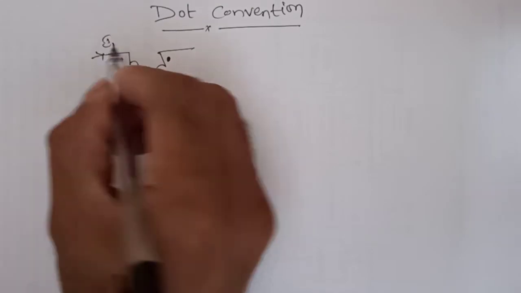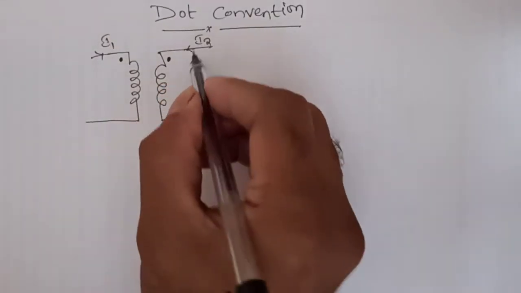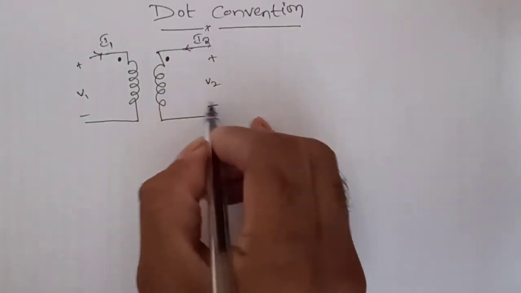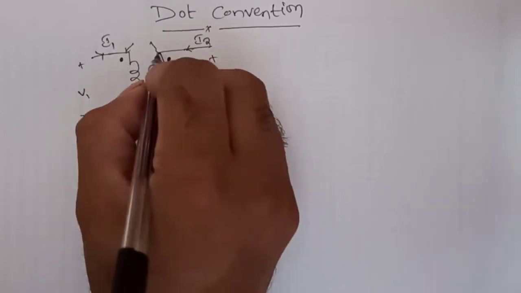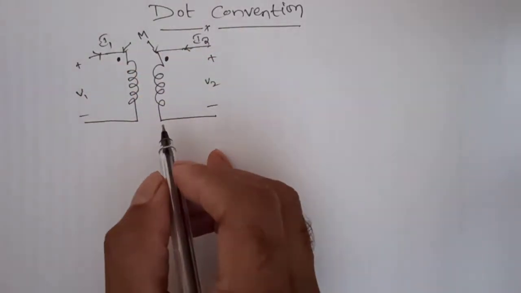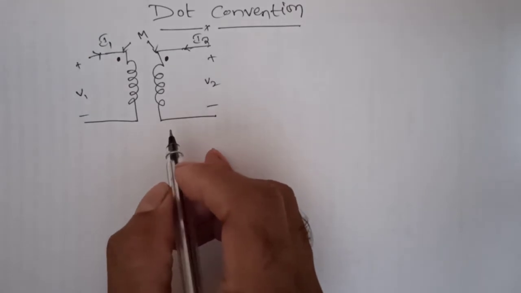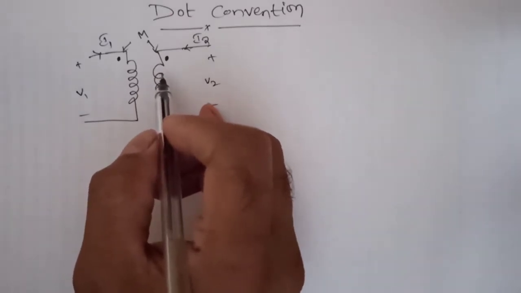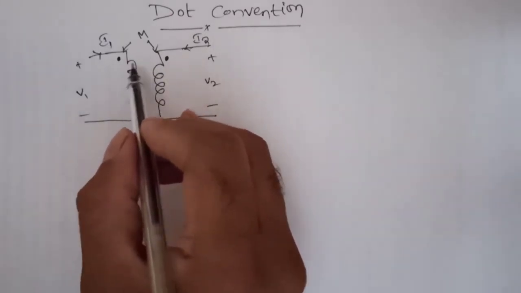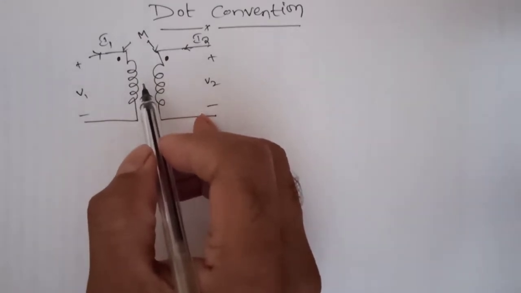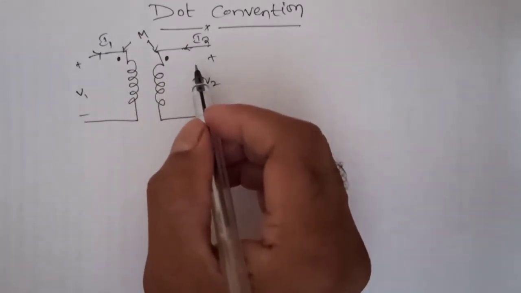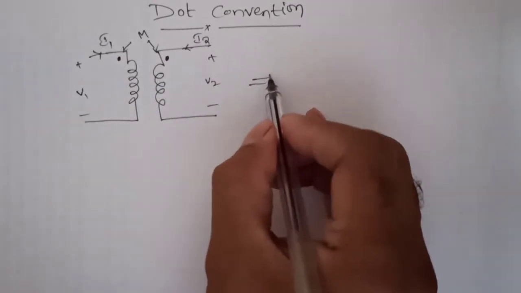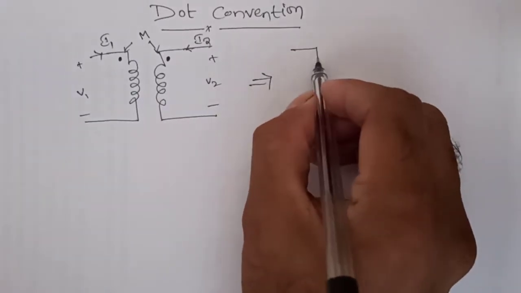Let us assume the current in the first coil is I1 entering and the current in the second coil is I2, the voltages are V1 and V2, and the mutual inductance is M. If the two dots are mentioned like this, if a current enters a dot in one coil, then the mutually induced voltage in the other coil is positive at the dotted end. This means we can redraw the circuit based on this concept.